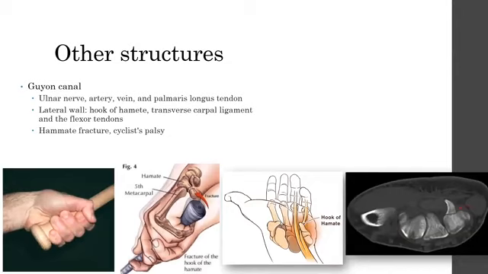Another canal here to consider is the Guyon canal, and the main nerve that will be affected here will be the ulnar nerve. Again, the ulnar nerve is going to run on that ulnar side. And if you notice here, the ulnar nerve is going to run over the flexor retinaculum.